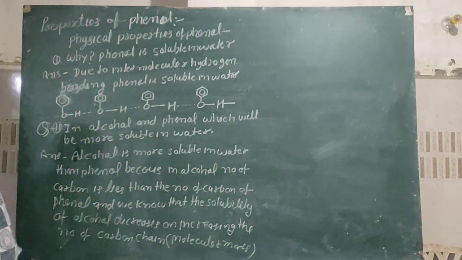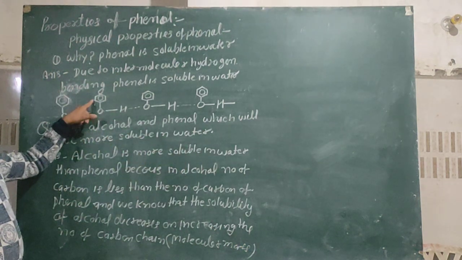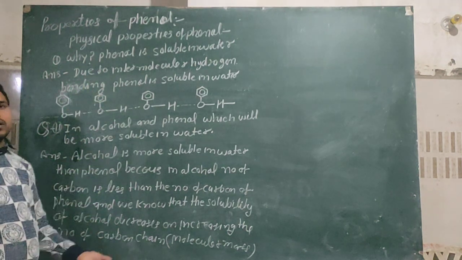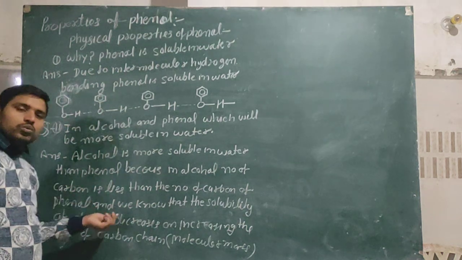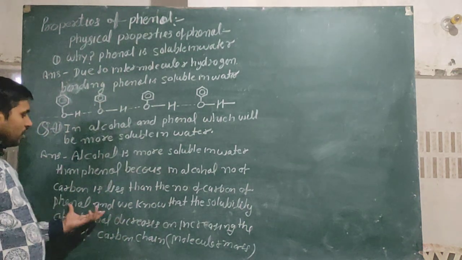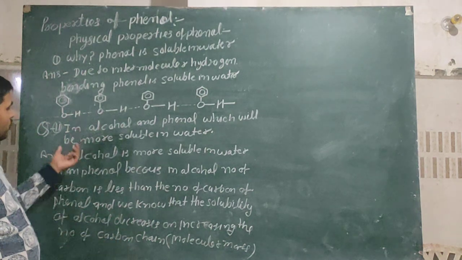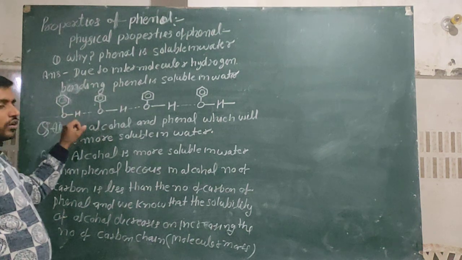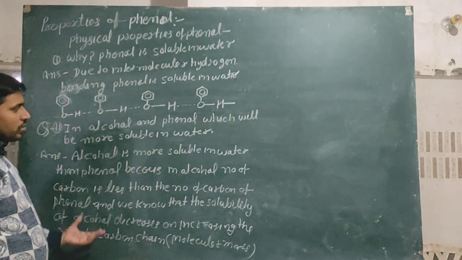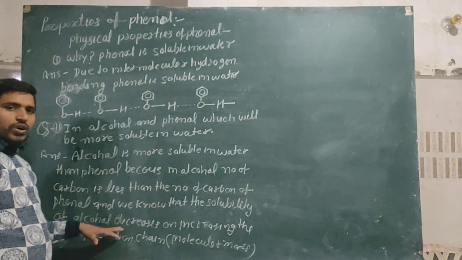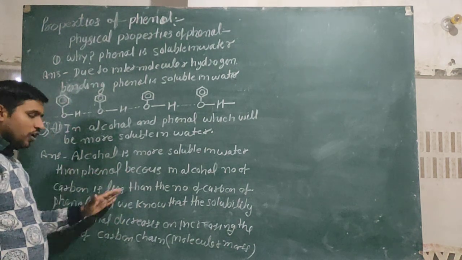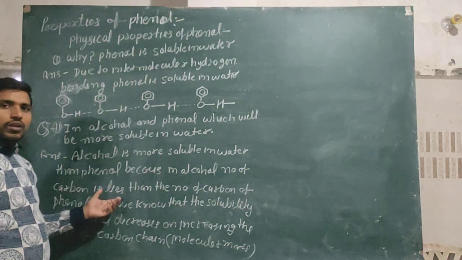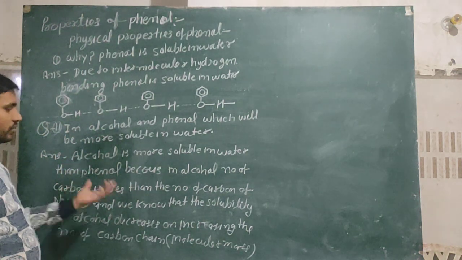In case of phenol there are 6 carbons present, but in case of methyl alcohol, ethyl alcohol, propyl alcohol, there are only 1, 2, 3 carbon atoms present. If the number of carbons increases, then the solubility of alcohol or a compound which contains an alcoholic group decreases in water. But both are soluble in water, alcohol as well as phenol. But you can say that alcohols are more soluble as compared to phenol, and the reason is this.